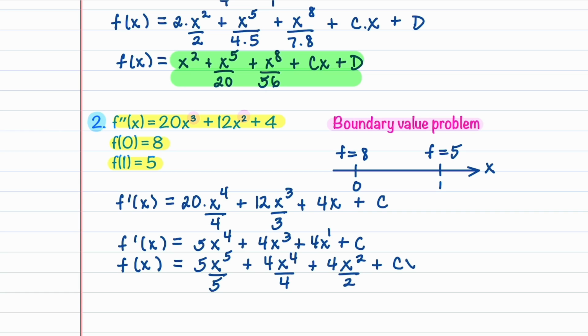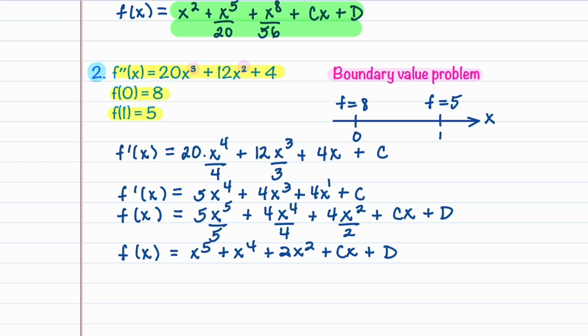And now we're going to have a cx plus an additional constant because we took another antiderivative, and we're going to call that d. Now let's go ahead and simplify again. F of x is equal to x to the 5th plus x to the 4th plus 2x squared plus cx plus d.